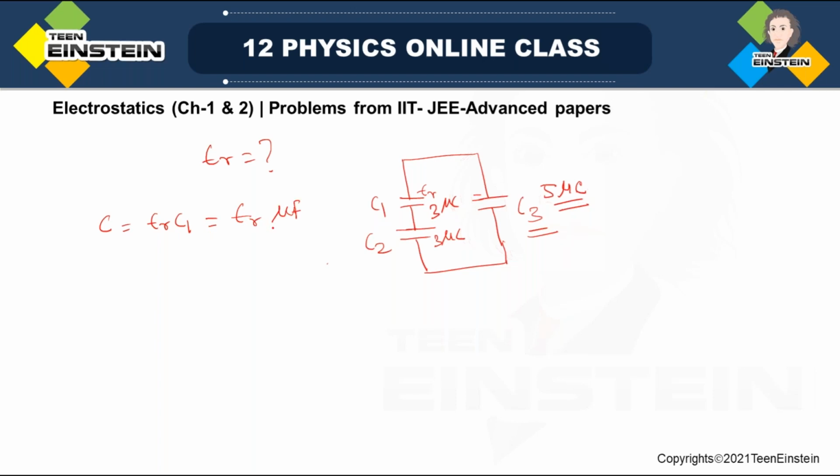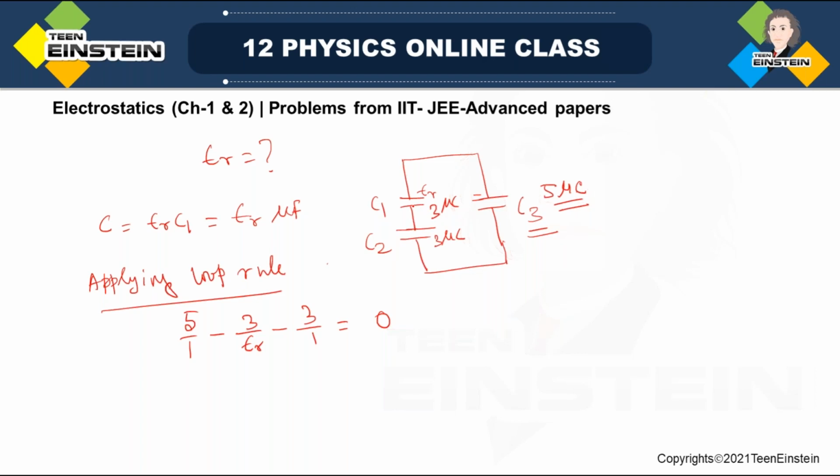Now if I apply the loop rule, we can write 5 by 1 minus 3 by epsilon r minus 3 by 1 is equal to 0.